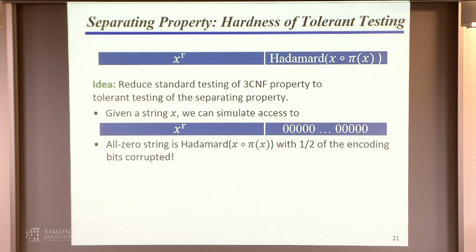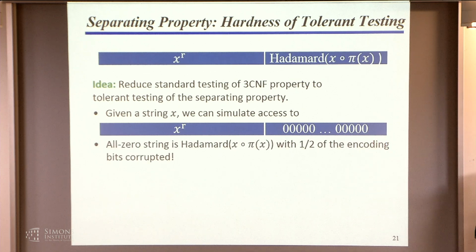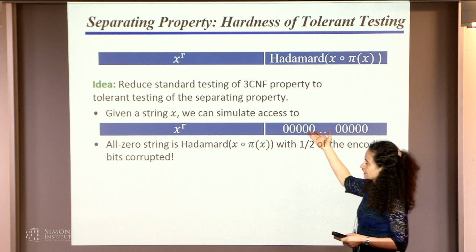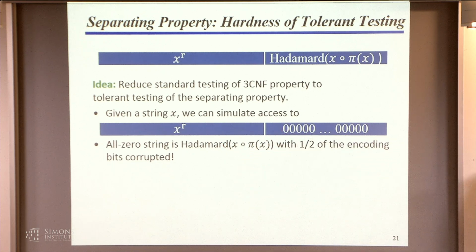So half of the encoding is corrupted. So if our tester is supposed to handle such a high rate of errors in the encoding, then it's supposed to be able to tell us whether the original string x is in the 3CNF property or far from the 3CNF property.